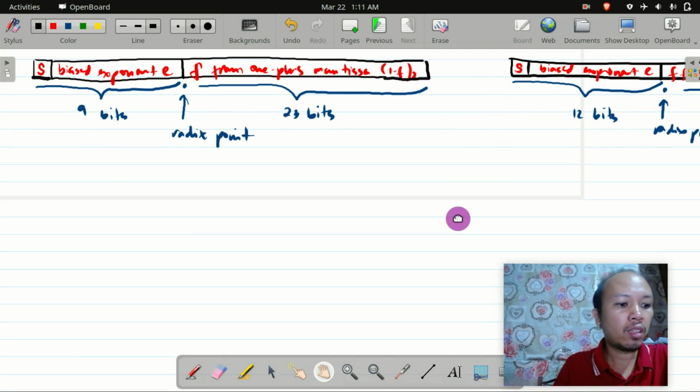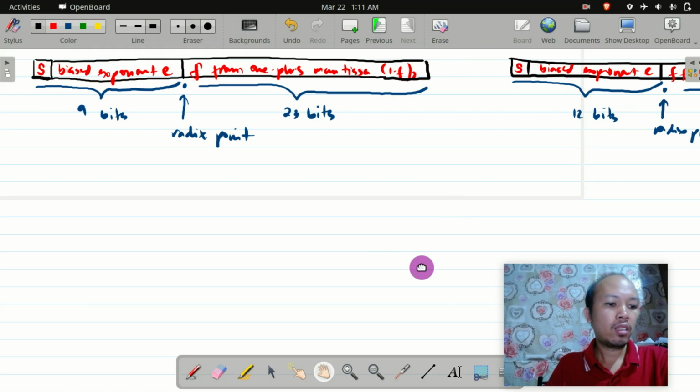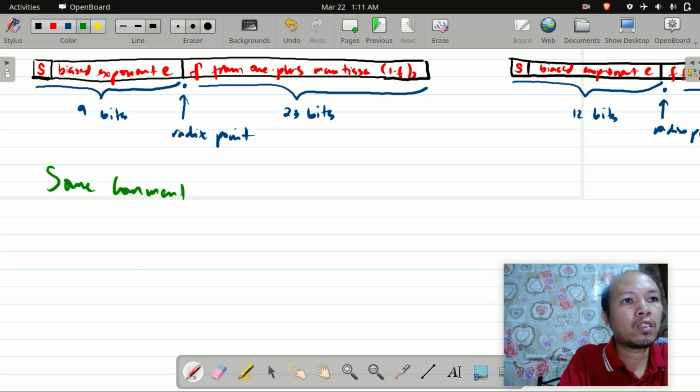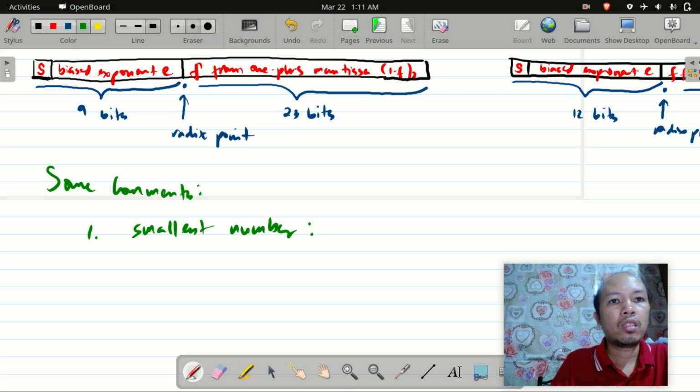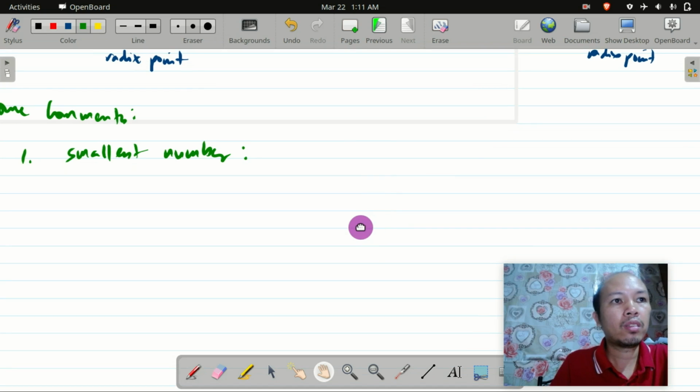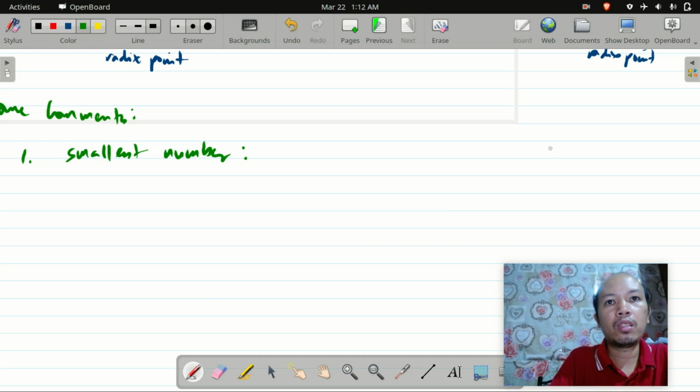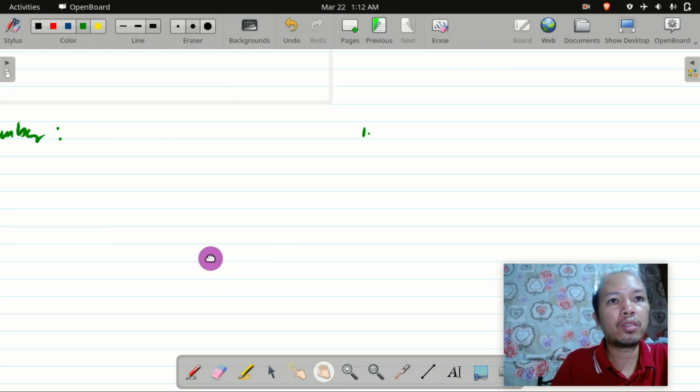Okay, so let's have some comments here. The smallest number in double precision, we already know that this is this one here.